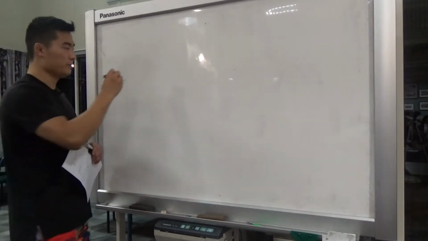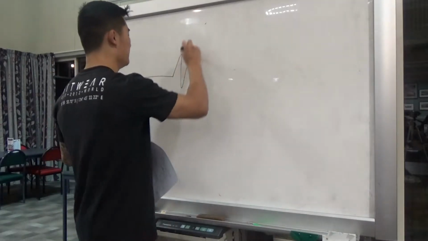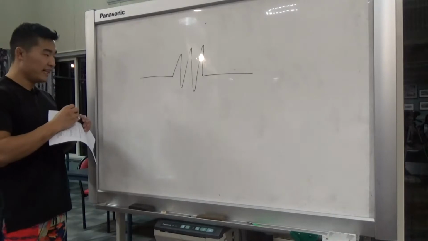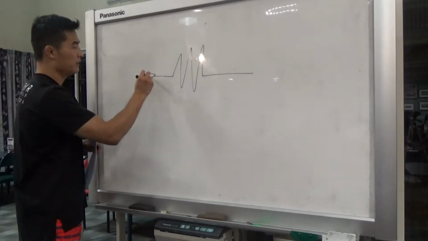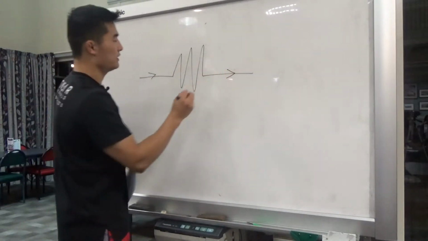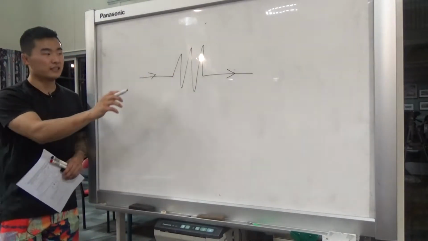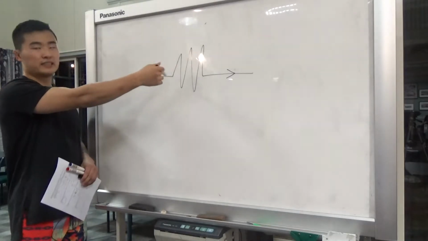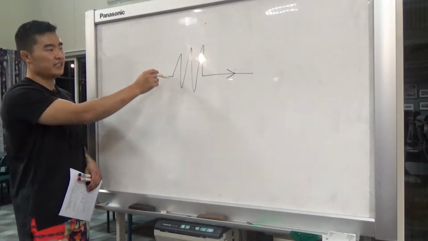And on that, I'll just talk about resistors quickly. You have a resistor, and your charge is trying to go from left to right. The bottleneck is the resistor, so it's hard for the charge to go through here.